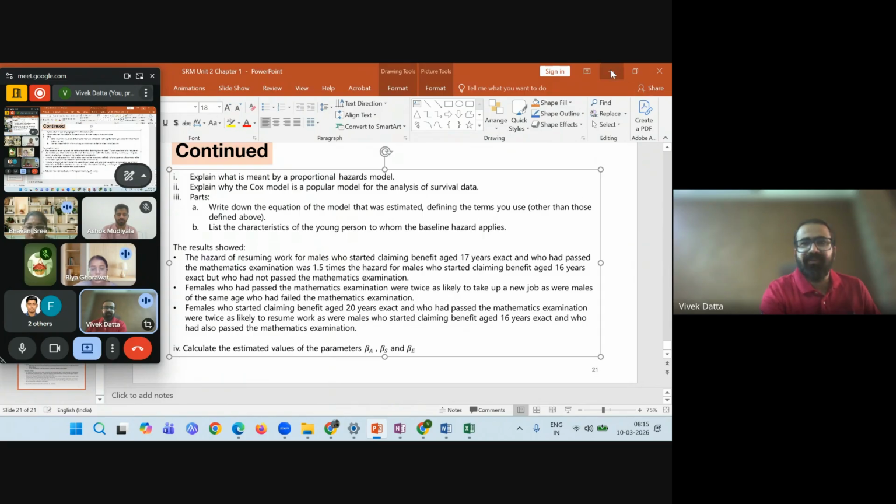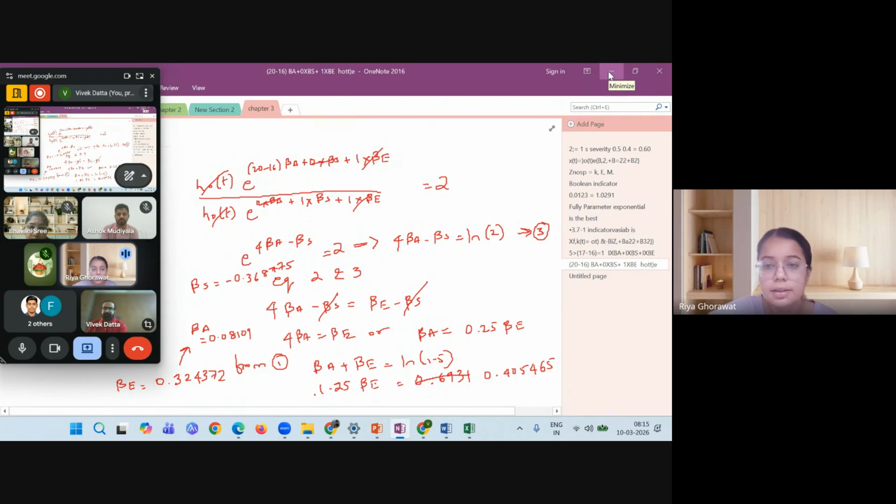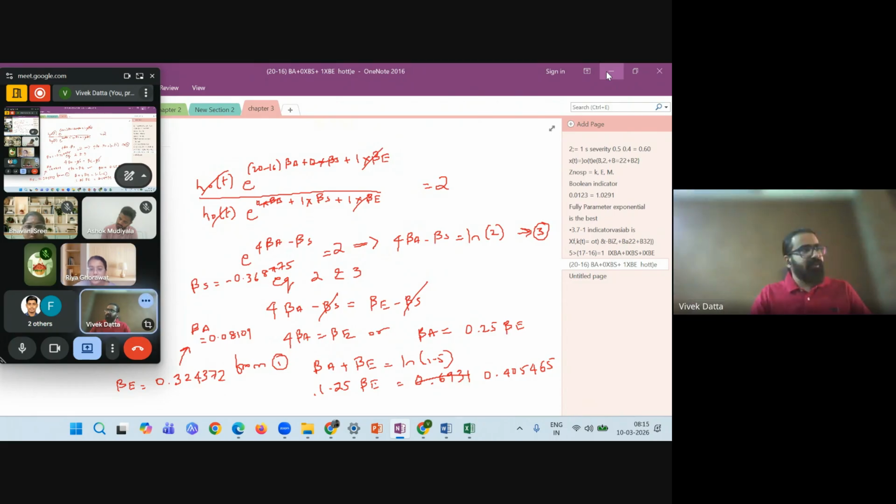Sir, the male is 1 and beta S is negative. How is it stating that the male is going to stay unemployed? Because negative means it decreases the hazard. Here my hazard is getting out of unemployment. So if the hazard of getting out of unemployment is reduced, that means he's staying more in unemployment.